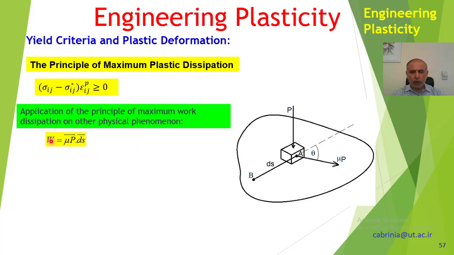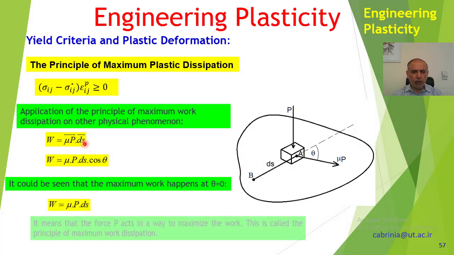So, what is the work done? The block is moved from A to B, so the work done is this coefficient of friction times pressure, which is the frictional force. In order to move from here to there, we must overcome this frictional force. So that frictional force times that distance gives us the work done, moving from A to B.